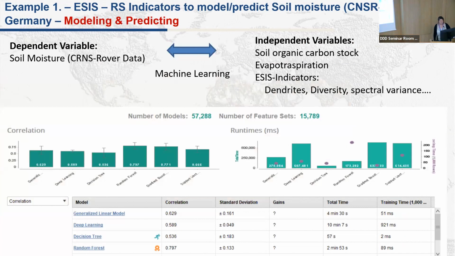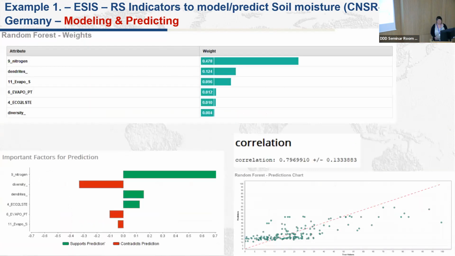Now we started to model and predict soil moisture, and we integrated different variables: soil moisture, evaporation, and different indicators of ACES. These are the first results. This is not finalized, but we see that different indicators of ACES have an impact on modeling and predicting soil moisture, so that we can use them for integrating into our models.